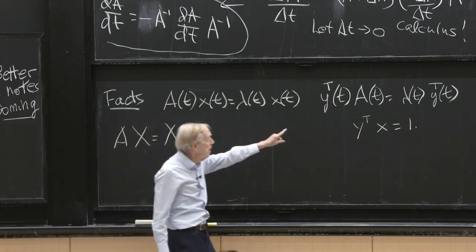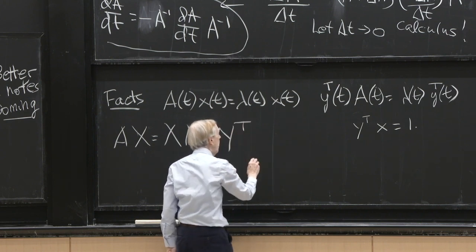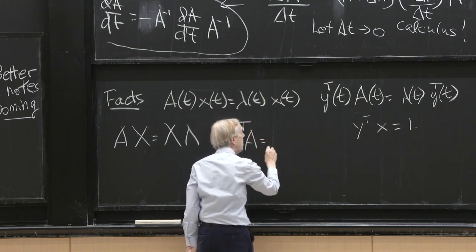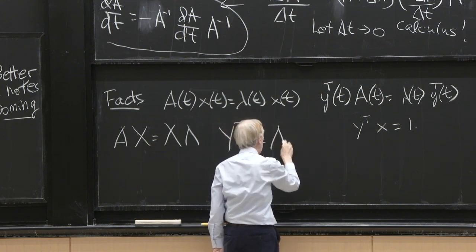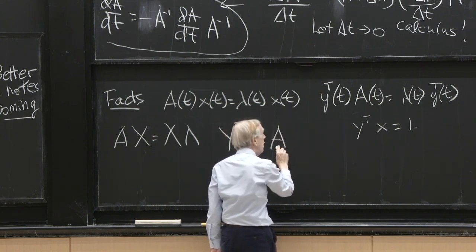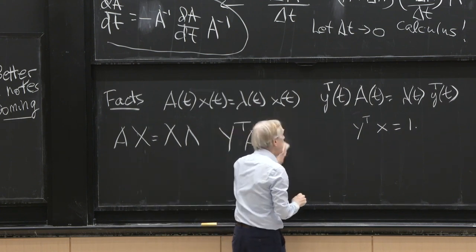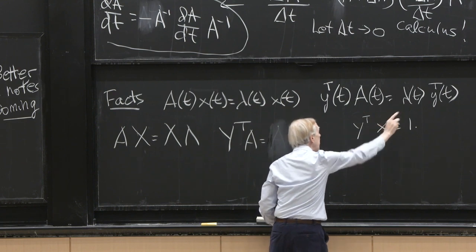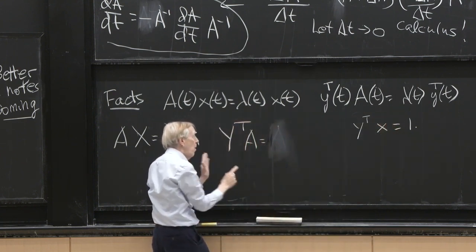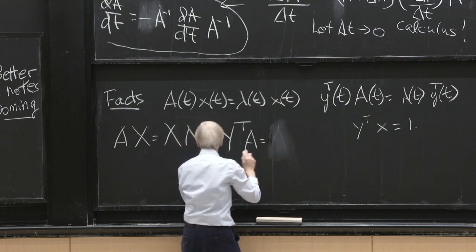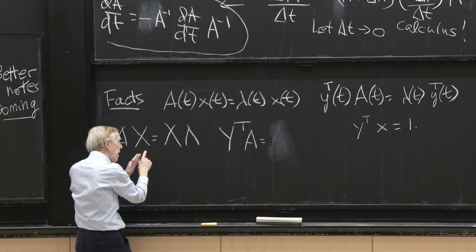What would this one be? This would be like Y transpose A equals lambda Y transpose. Like here, the X was on the right, and I'll want lambda on the left.